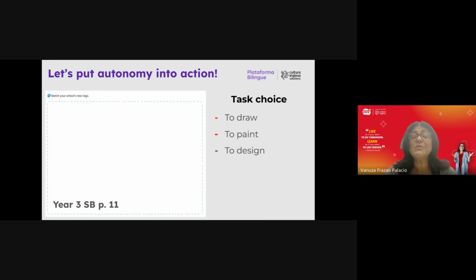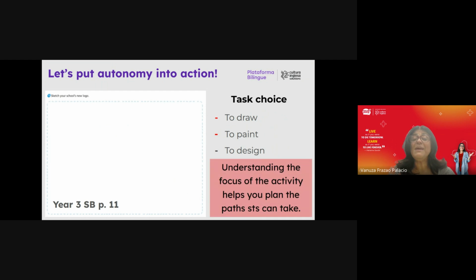And students can also design a logo in an app or on the computer, right? So students will pick and choose the one that is most suitable for them. Now, the idea is that the activity remains the same. The nature of the activity remains the same, but you offer the students the opportunity of choosing how they are going to do it, okay?